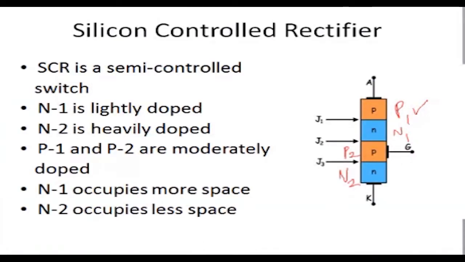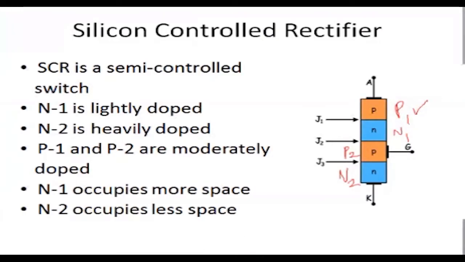What is the voltage it can block? Now, what does blocking mean? I can consider P1 N1 as one diode, N1 P2 as one diode, and P2 N2 as one diode.